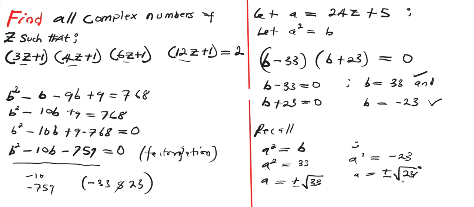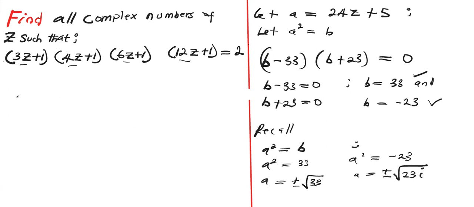That means the two values of a are a = ±√33 and a = ±√23 i.